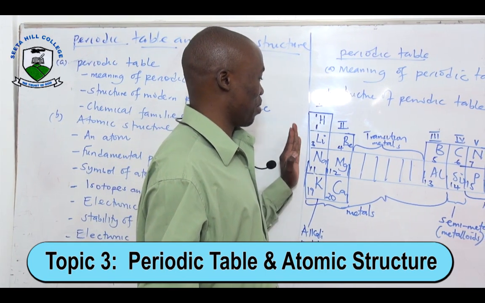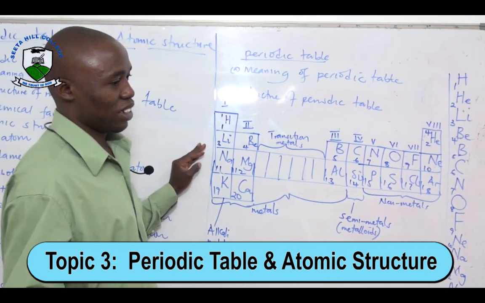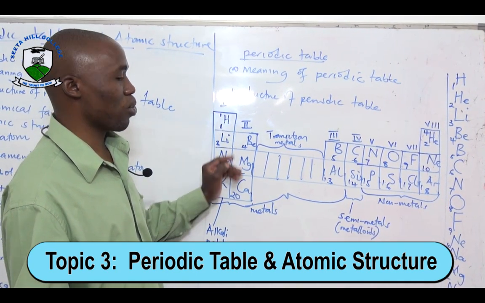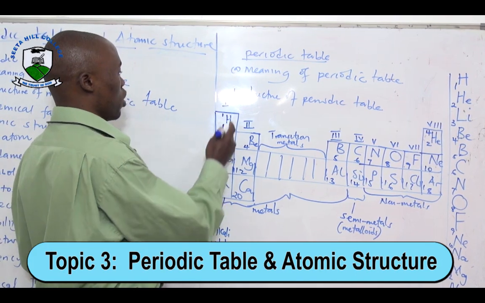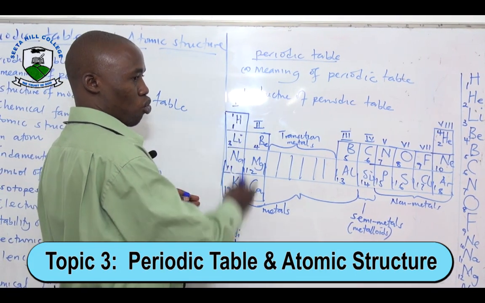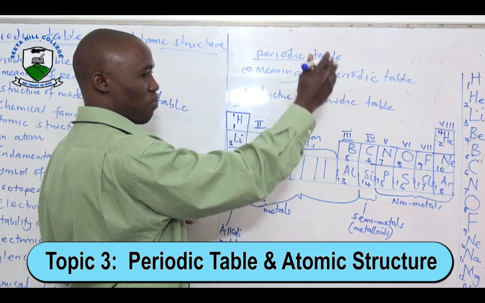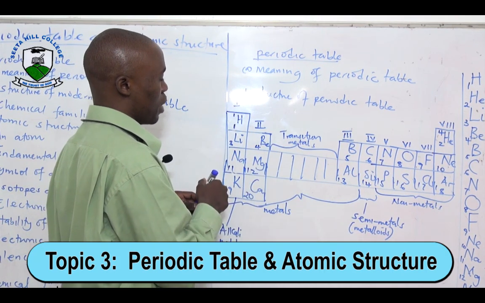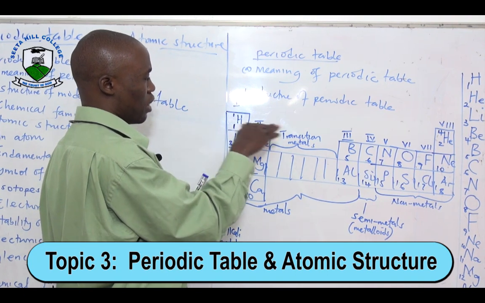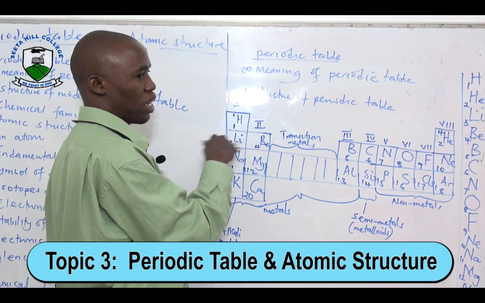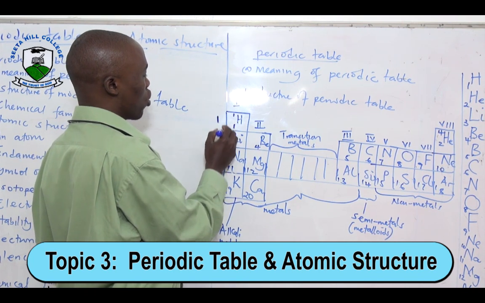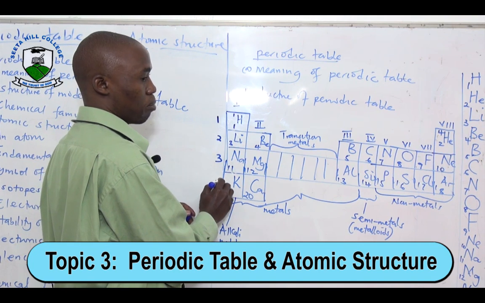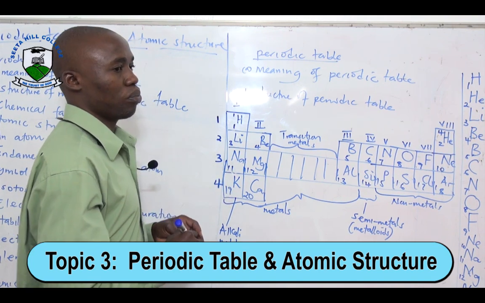Now look here. You see the pattern of placing them in groups. This is group 1, group 2, like that, 3, 4, etc. Now horizontal placement, horizontal counting is called a period.